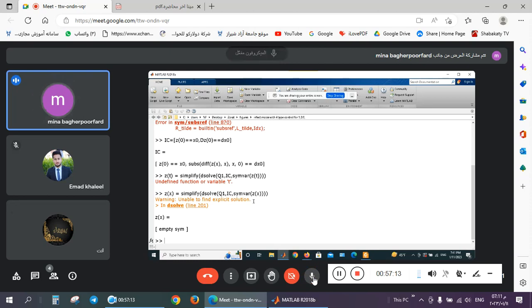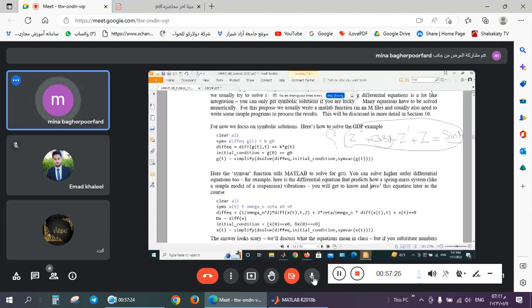I have a warning. This warning is unable to find explicit solution because this equation doesn't have exact solution. Okay, Miss Sima? When our equation has exact solution, this solve works. But when our equation doesn't have exact solution, this solve doesn't work.